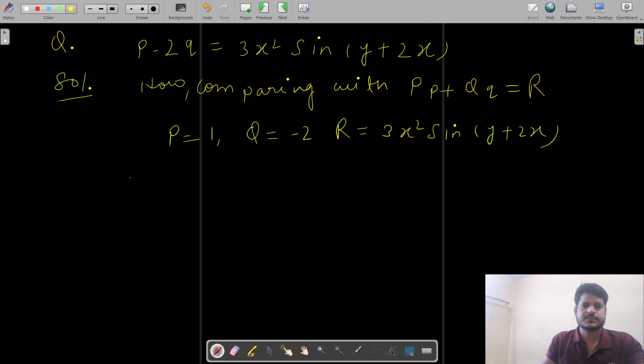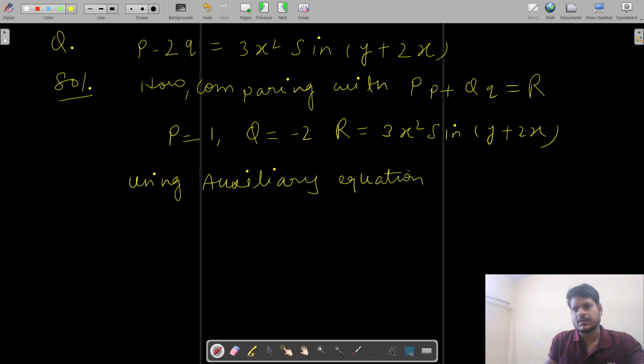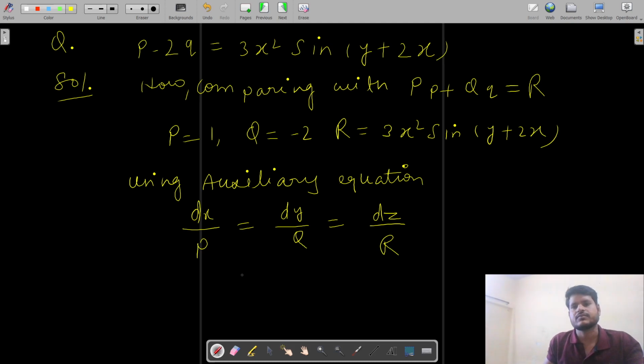So using the auxiliary equation, this is what we have: dx upon capital P is equal to dy upon capital Q equal to dz upon capital R, right?